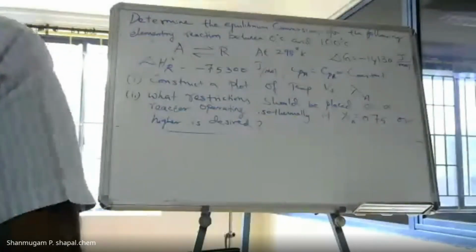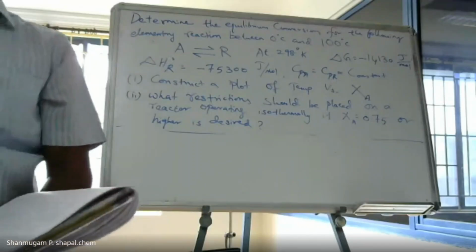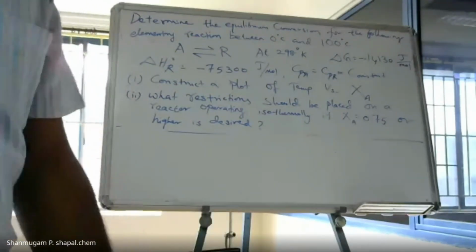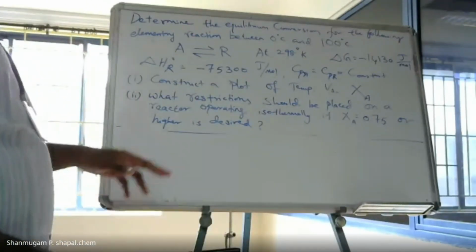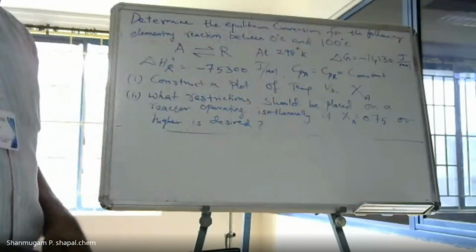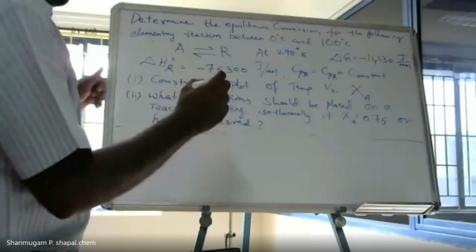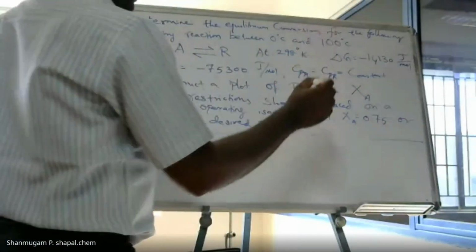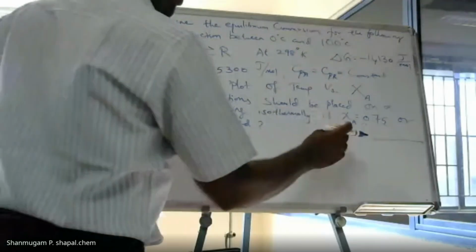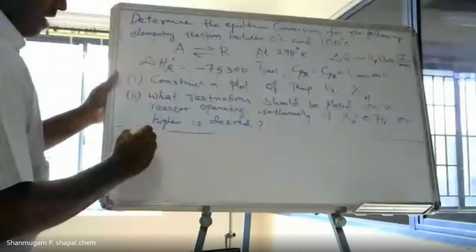Have you written the question? The problem says that you need to find the equilibrium conversion. The equilibrium conversion will be represented as X_AE.